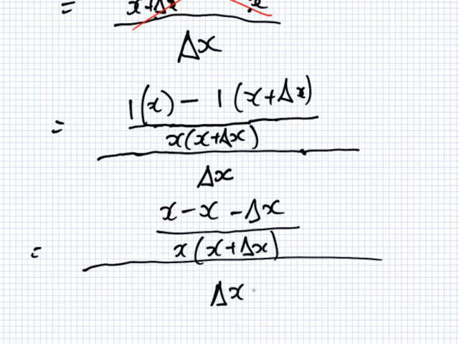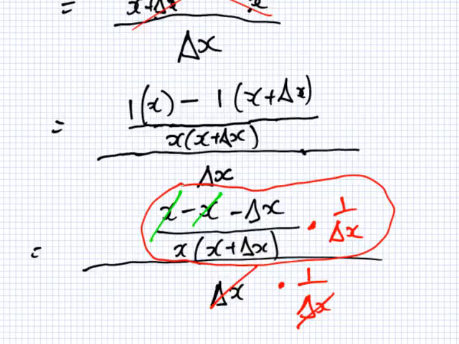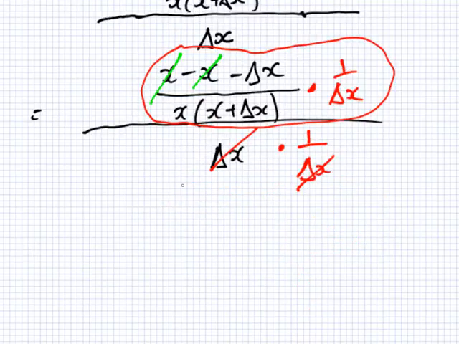Is that okay so far? Yeah. Now on the top, it cancels, and what you can do is multiply by 1 over delta x and multiply by 1 over delta x. The reason I'm doing that is so I can cancel this with this. So now it's all together on one line, which is better for me. What else cancels?